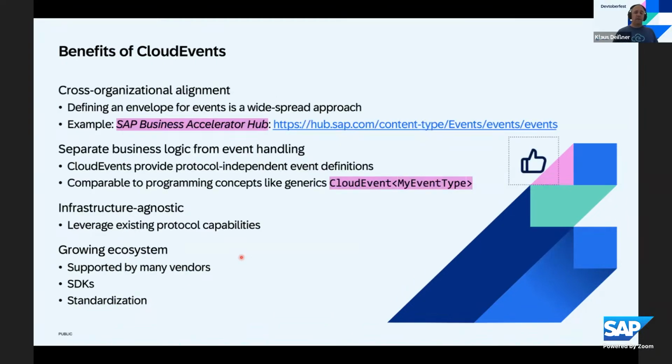So the benefits of all this, I mentioned it several times. You have the separation of this event abstraction from business logic. That makes it quite interesting. That's also quite helpful for us because of this, we can nicely describe the events on the Business Accelerator Hub independent from the protocols that are used.